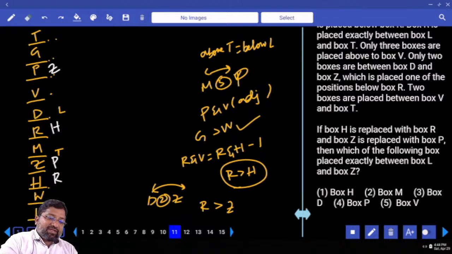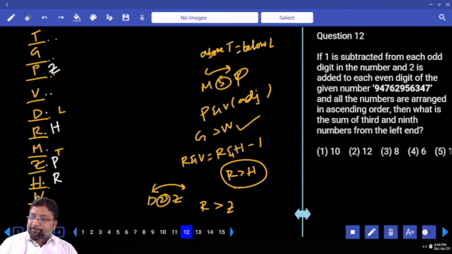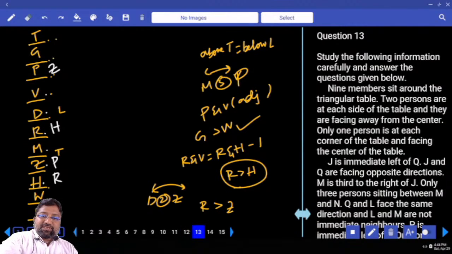How many will I get between L and Z? 1, 2, 3, 4, 5, 6, 7. So the fourth box. What is that fourth box? M. Correct? Let's go for the next one.